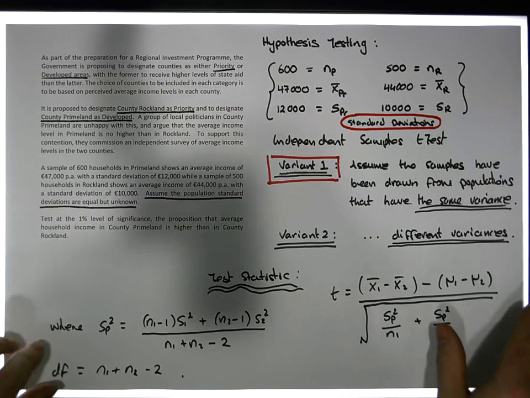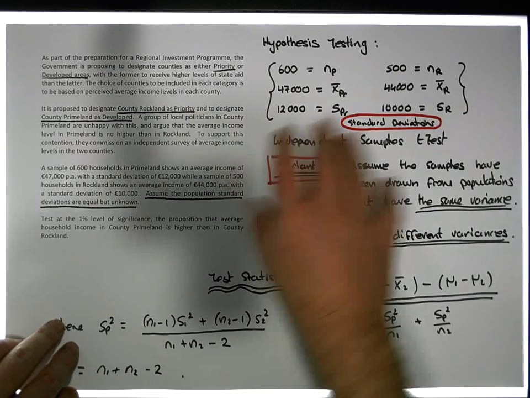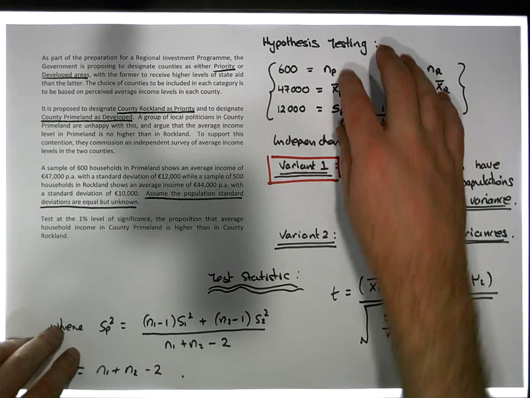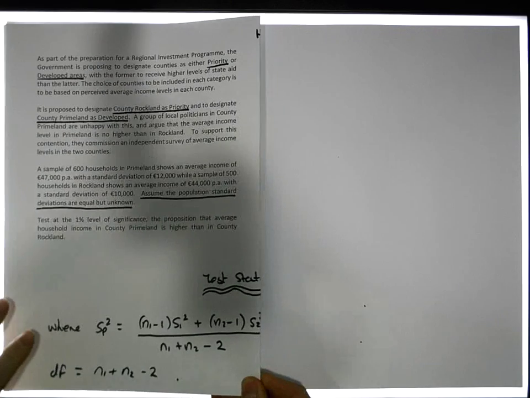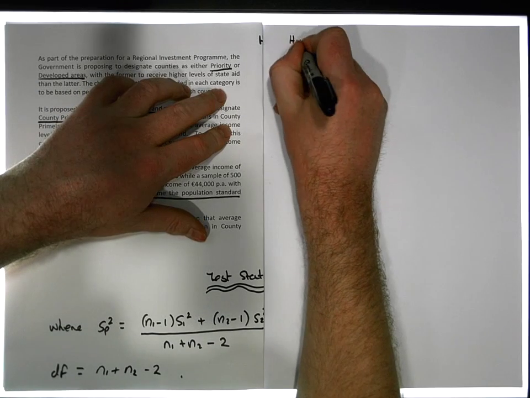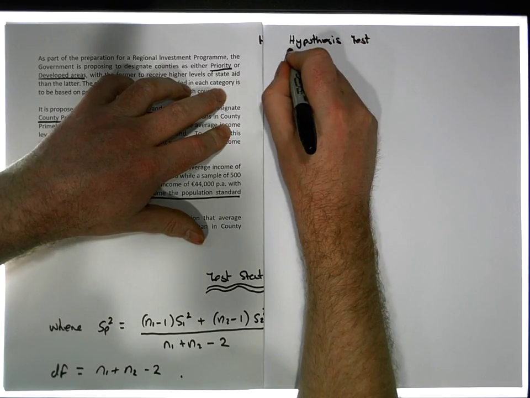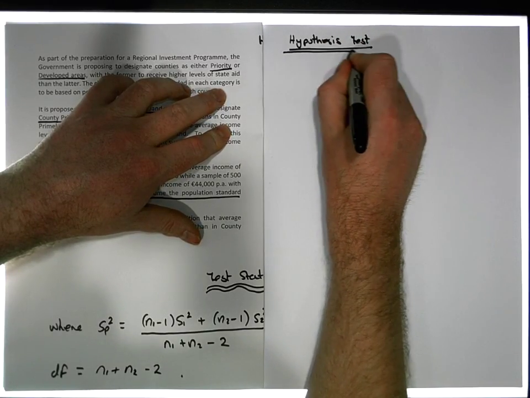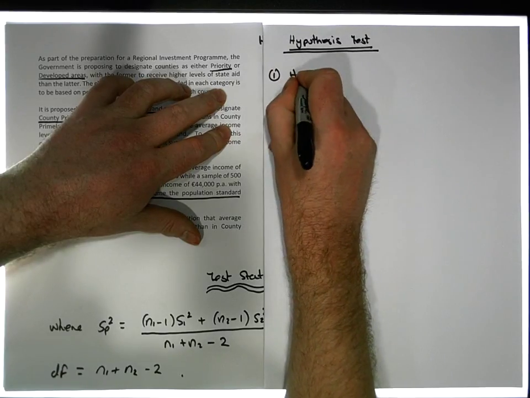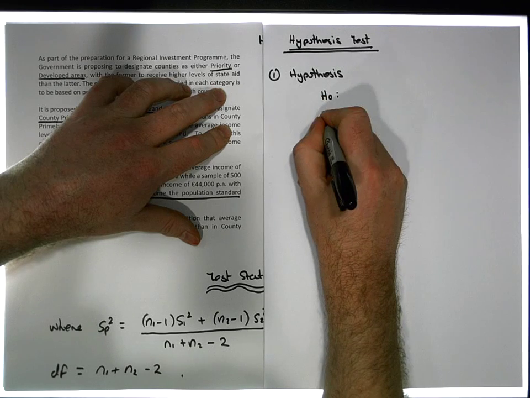So let's undertake this particular test, and once again, anytime we're doing a hypothesis test, what we should do is extract out all the information that we're being provided, and then we start the test. As I've said before, there are 5 steps in this test. The first step is to define the hypothesis, which has a null position and an alternative position.